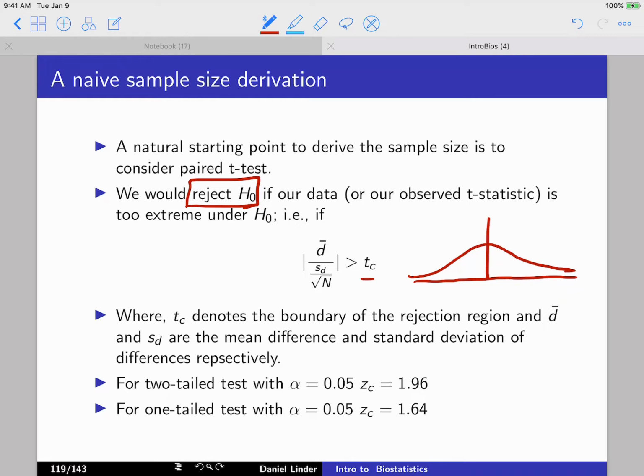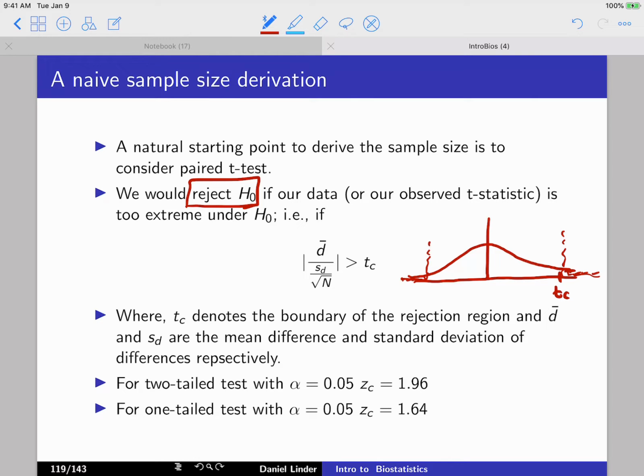This t sub c would be whatever point out here on the t-distribution that would lead me to reject H naught if I observed my test statistic out here. That would be your extreme type of event.